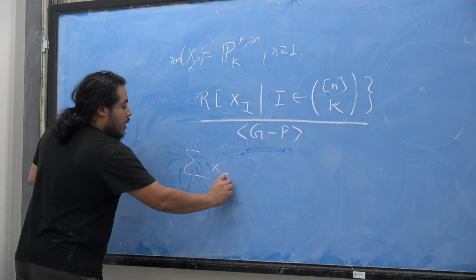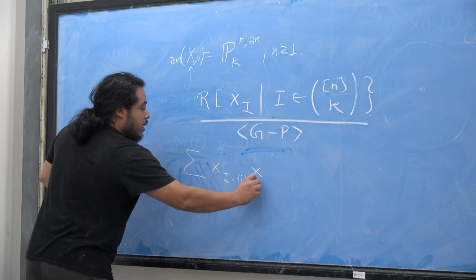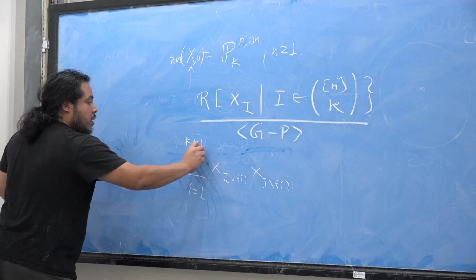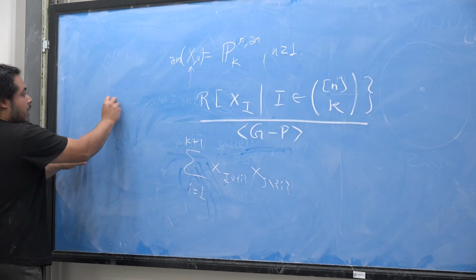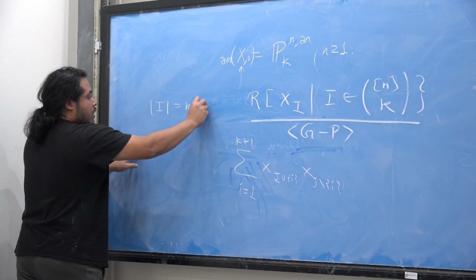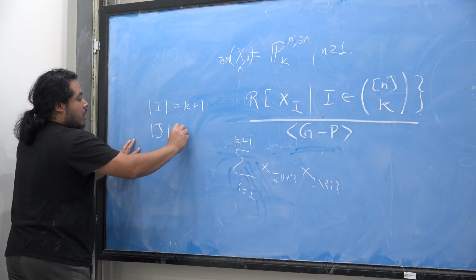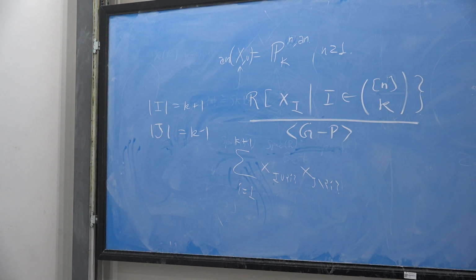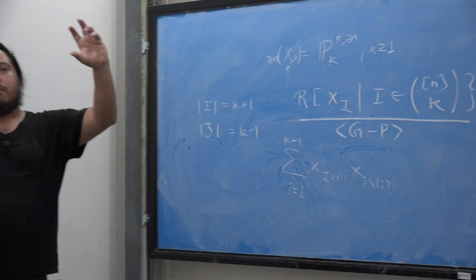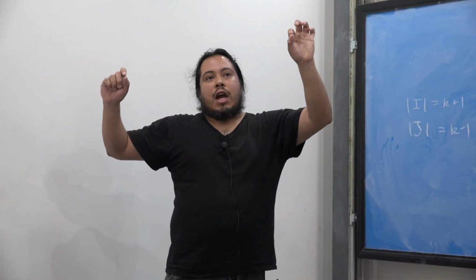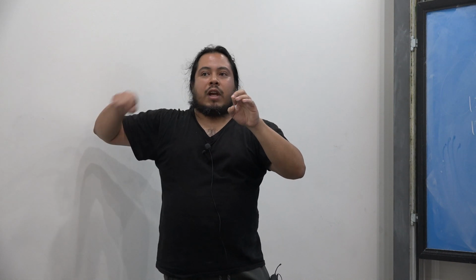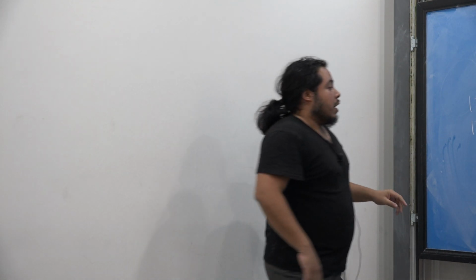They are just like the sum over a of x_{I+a} x_{J-a}, for a from 1 to k+1. And here you demand that the cardinality of I is k+1, and the cardinality of J is k-1. So the combinatorial process of the Grassmann-Plücker relations is that you start with a set of k+1 and one of k-1, and each time you take away one of the points, one of the marks of the k+1, and you add it to the one which has fewer. And then, sorry, I forgot a sign here.